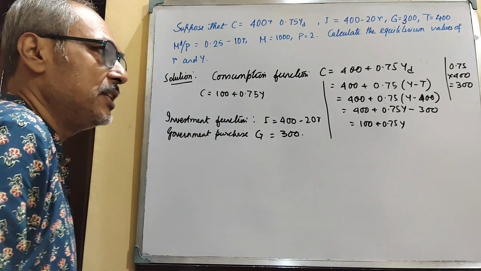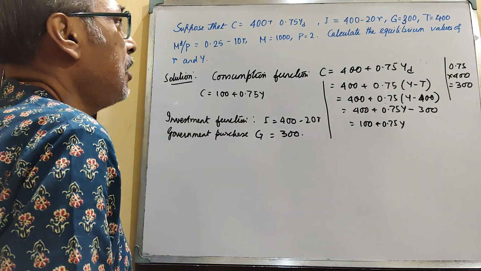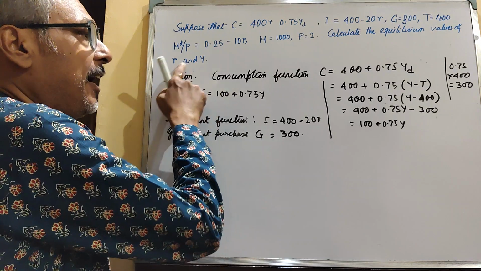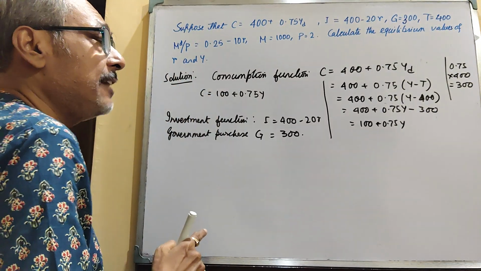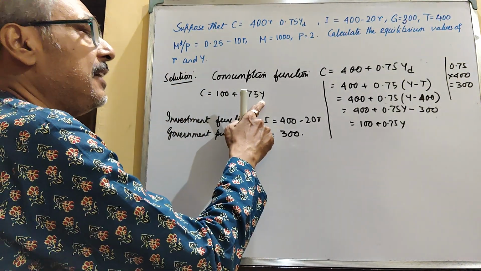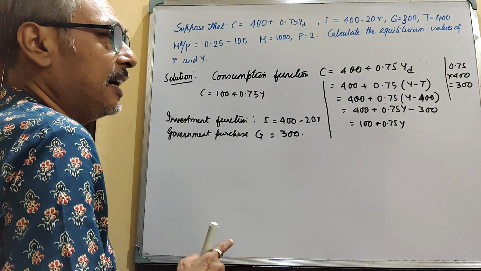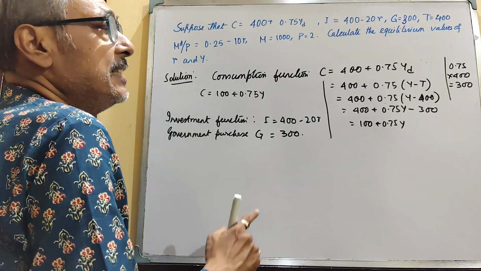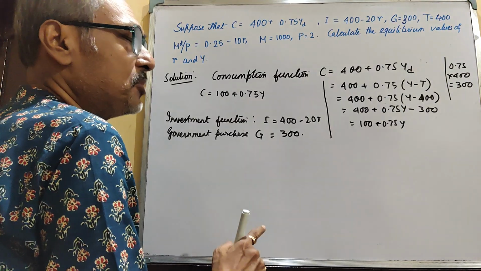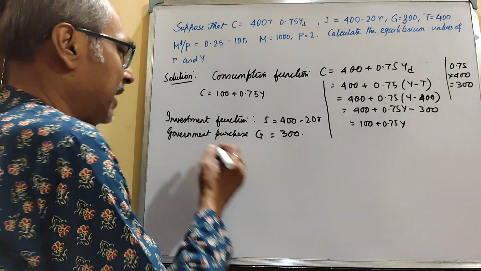The IS curve shows the combination of r and Y, where r is the real rate of interest and Y is the income, such that the goods market is in equilibrium.